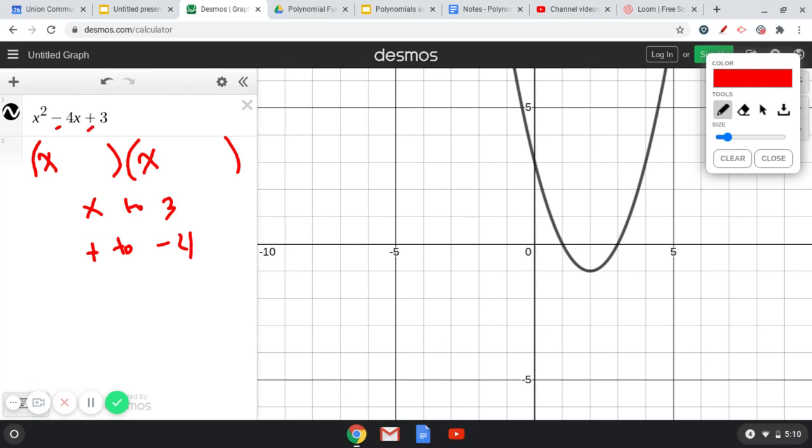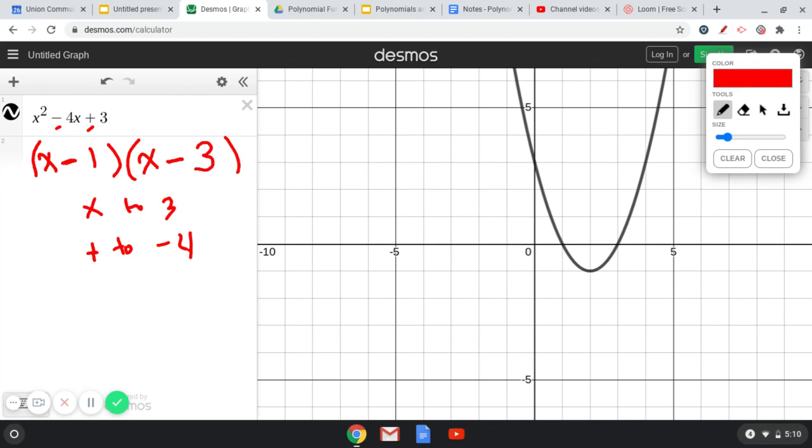And since this guy's positive, this guy's negative, it's going to be x minus and x minus, because we're multiplying to 3. So to get a positive 3, they either both have to be negative or they both have to be positive. But we have to add two numbers to be -4, which means the numbers both have to be negative. And now, what two numbers multiply to be 3 and add to be -4? Well, -1 and -3. We only have so many factors of 3.